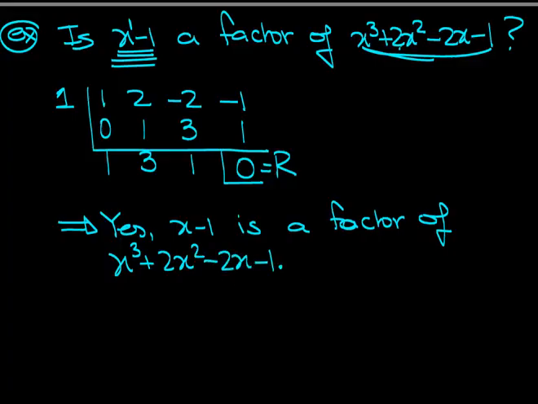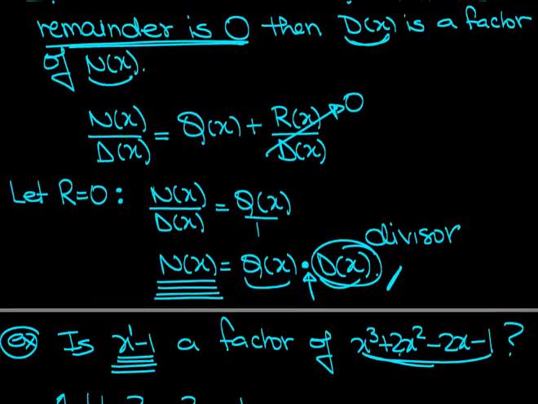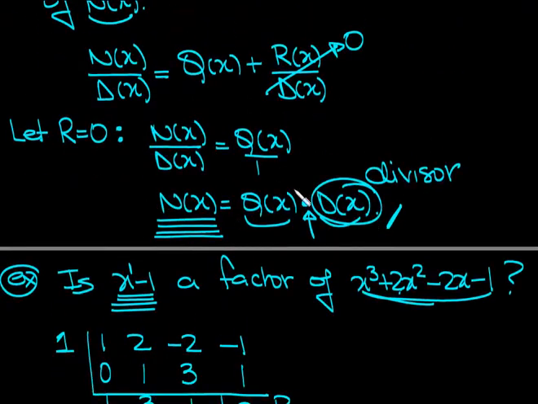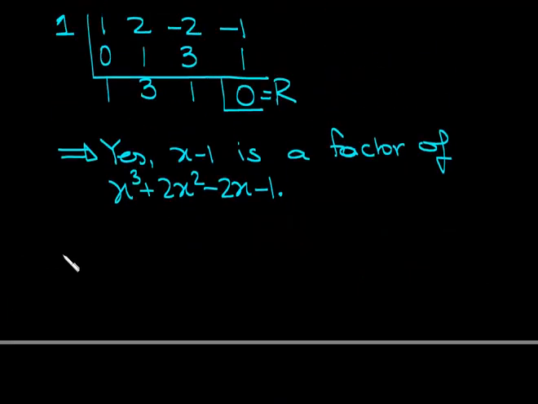I can even do one better. According to this, if the remainder is 0, then what can we also do? I can take my numerator and write it as my quotient multiplied by my divisor. So I can actually factor this. I can write it as a product. So let's do that. I can write x cubed plus 2x squared minus 2x minus 1.